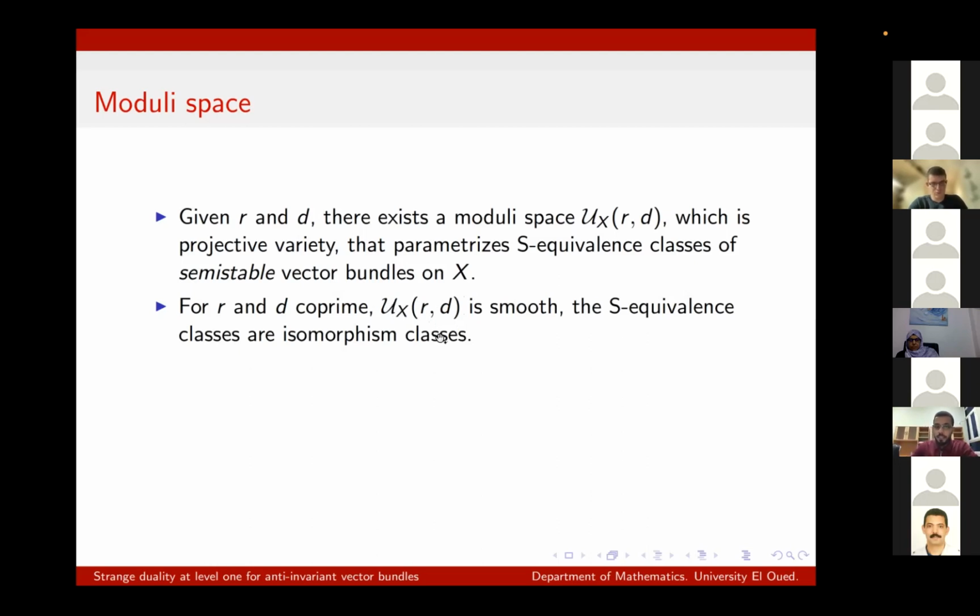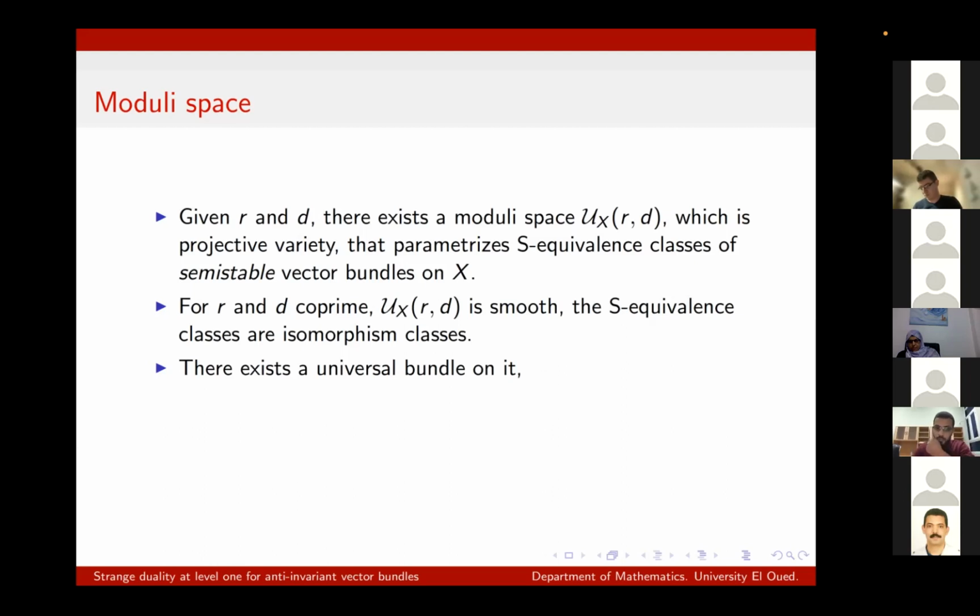In this case we also have a nice structure. This is called a fine moduli space. That means it parameterizes the moduli functor of the problem, or in other words, there is a universal bundle on it.